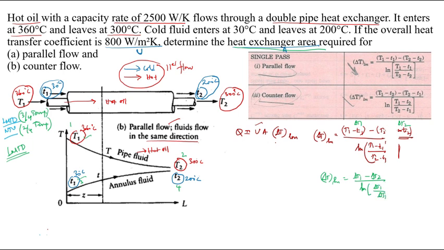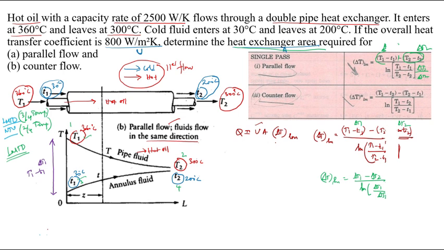So this is delta T1 and this is delta T2. What is delta T1? What is delta T2? Note that the difference between these two levels is called delta T1, which is equal to T1 minus t1.